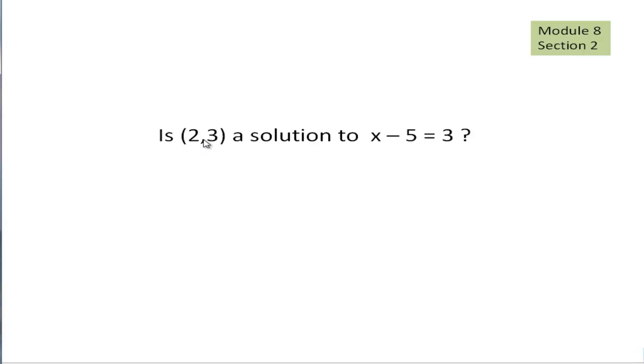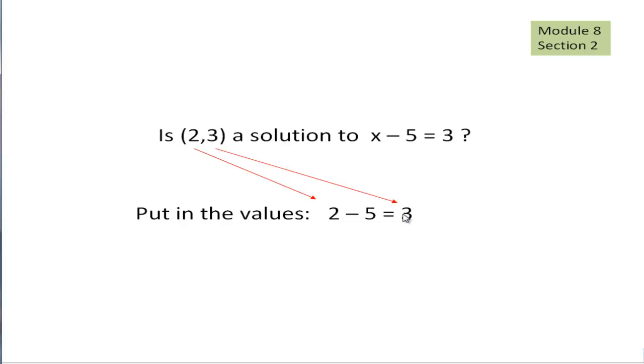First, it starts off with something like this: is 2, 3, x is 2, y is 3, a solution to x minus 5 equals 3. Well, we take our 2 and plug it in for x, and our 3 is just over here. So we take our 2, plug it in for x, is 2 minus 5 equal to 3. Well, this side's -3, that side's +3, so no, it is not.